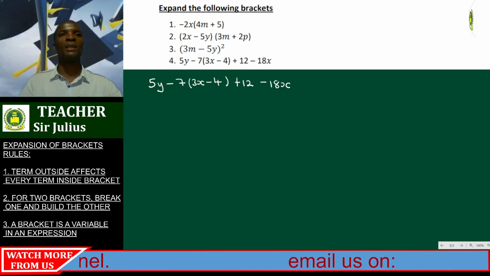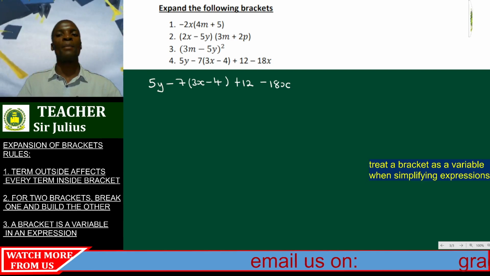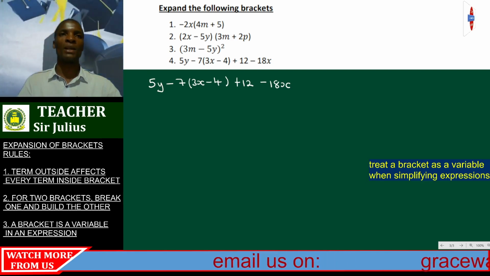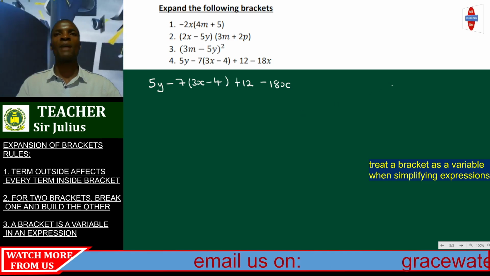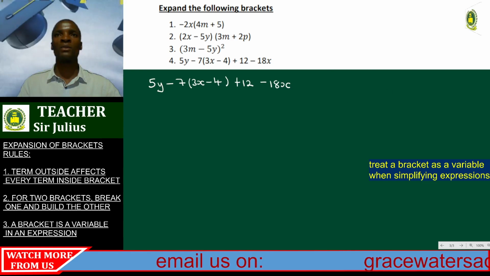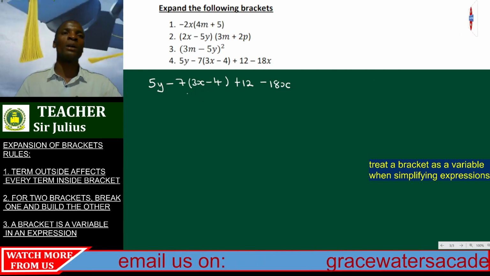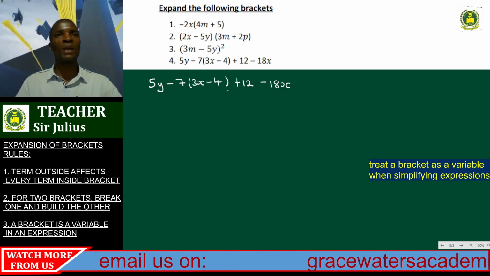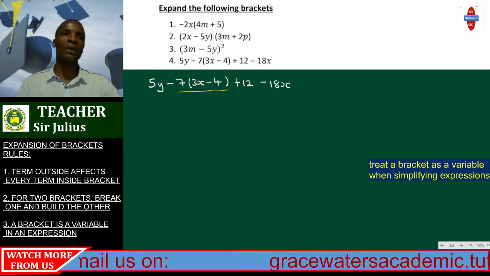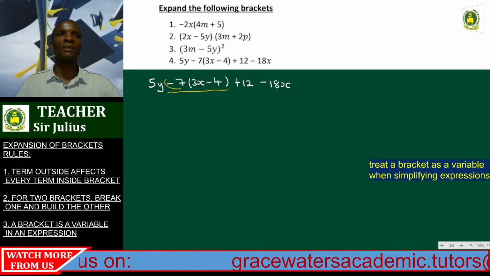So as I said, according to law number 3, a bracket is treated as a variable. What does this mean? This means if I have my bracket, 3x minus 4, and we treat this bracket as a variable, it has a coefficient, and that coefficient is minus 7.